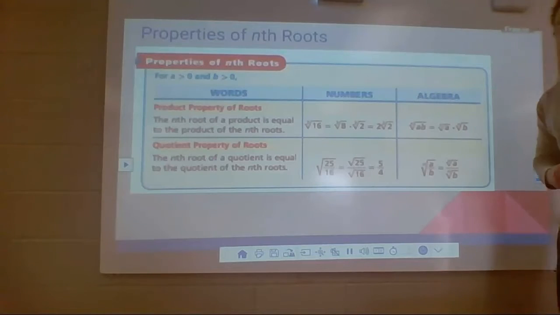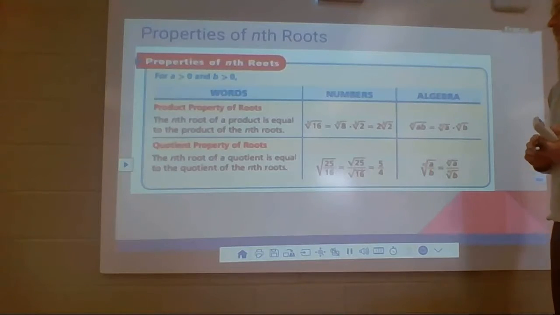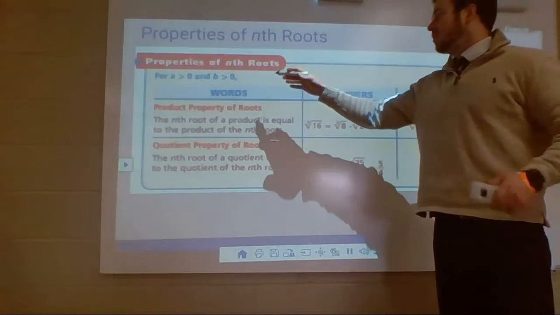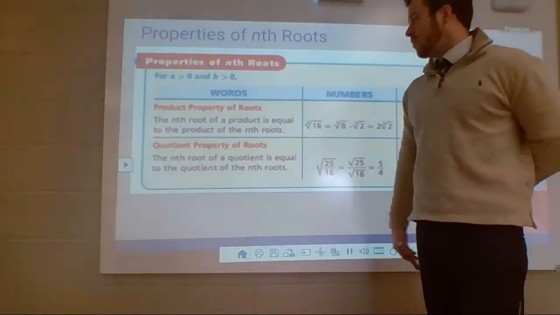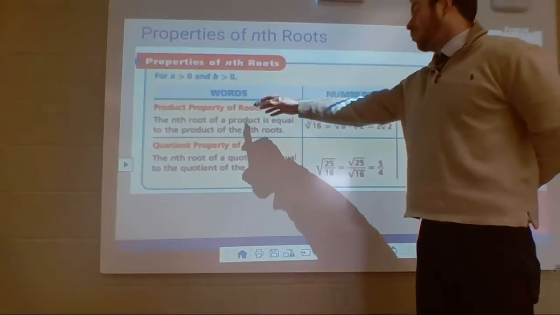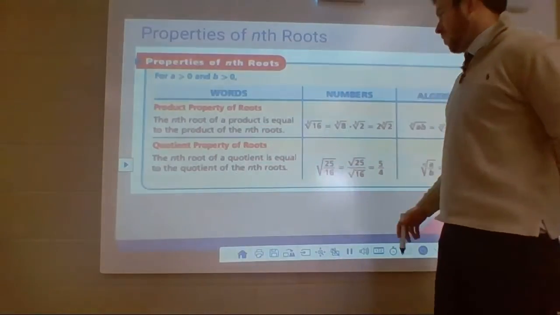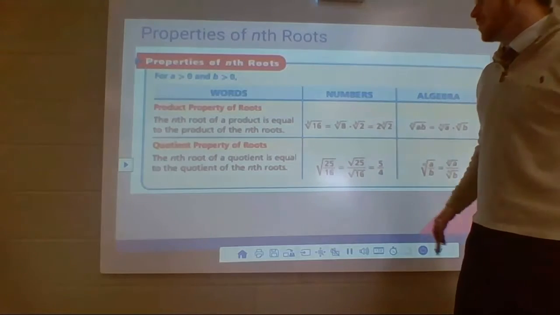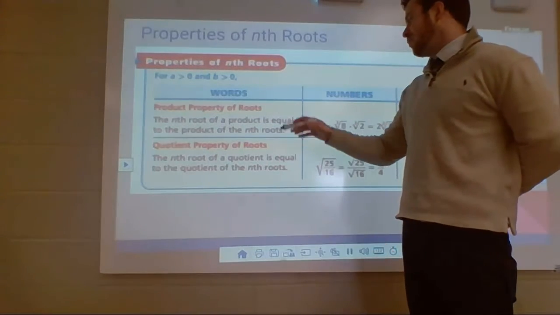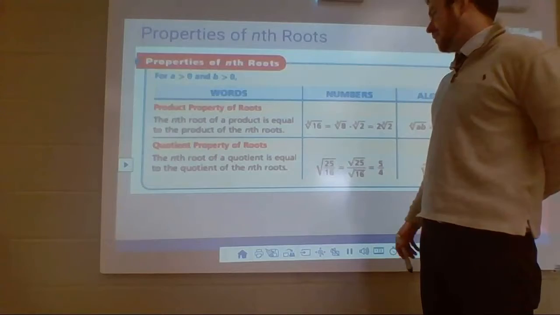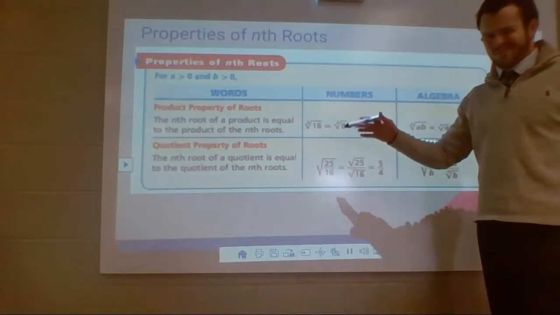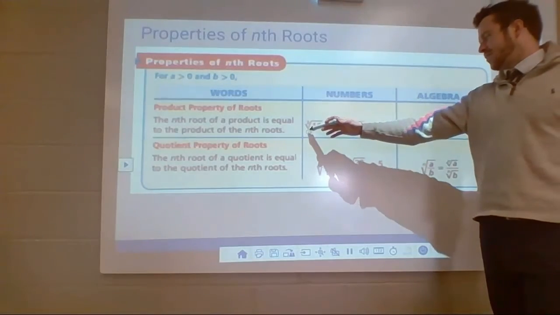Now let's talk about some properties of nth roots. Okay, this is for any numbers a or b that are greater than 1. We have the product property and we have the quotient property. The product property reads: the nth root of a product is equal to the product of the nth roots. Let's make sense of that. Here's some examples right here.